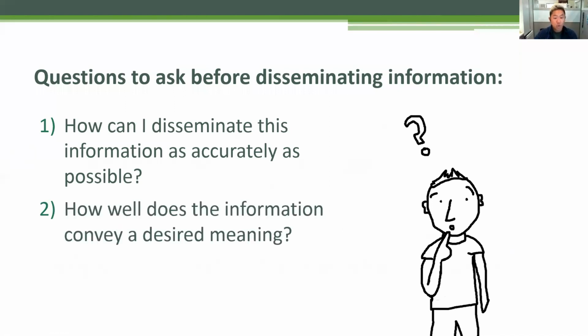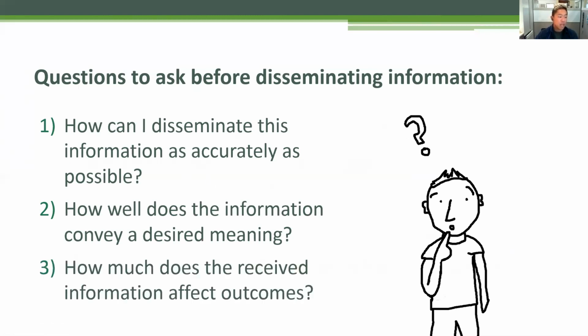Next, number 2, how well does the information convey a desired meaning? You want to make sure that the information that you are sending out to everyone is something that you want to send out to everyone, more or less. It means that the information that you are sending is what your ultimate goal was initially. Number 3, how much does the received meaning affect outcomes?